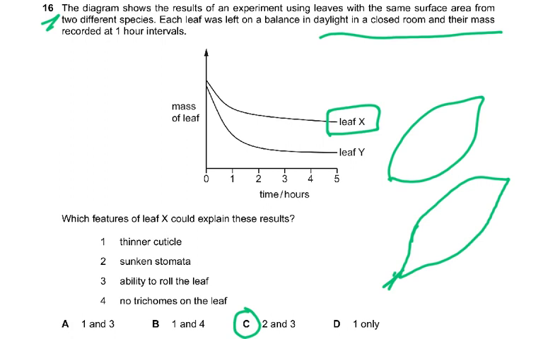So that is how we know the answer was 2 and 3, because for leaf X, say the mass was 5, it came down to 3, but in this one, say the mass was nearly 5 and it came down to 2, or maybe even 1. So it lost 4 grams, and the other lost only 2 grams. So why would you lose less water? Less water loss would be because of the sunken stomata and the ability to roll the leaf.